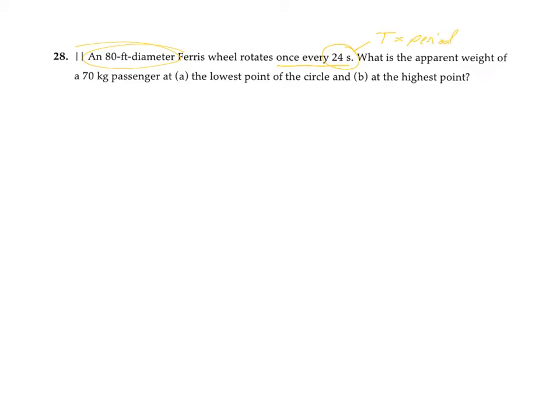So let's do some converting. 80 feet, feet bad, meter good. 1 foot is how much of a meter? When I Googled feet to meter, I got 0.3048 meters equals 1 foot.